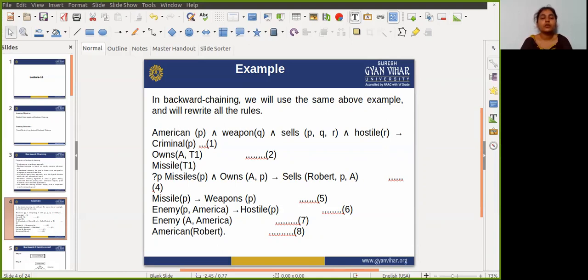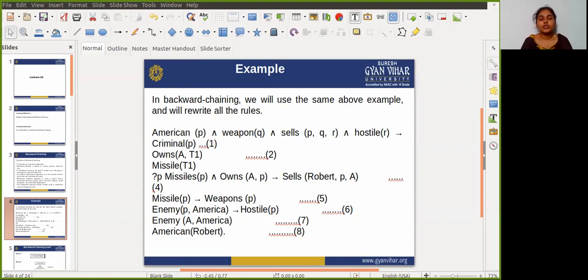So the first predicate is: P is an American, Q is a weapon, and R is a hostile nation, and sells(P, Q, R) means any American P who sells weapon Q to hostile nation R. Then it is to be proved that P is a criminal.